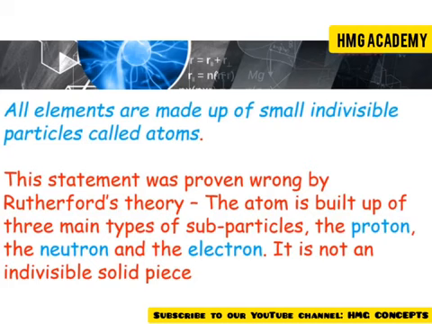This was done by Sir Ernest Rutherford when he told us that the atom is built up of 3 main types of subparticles: the proton, the neutron, and the electron. It is not an indivisible solid piece. It is actually divisible with these 3 different subparticles.